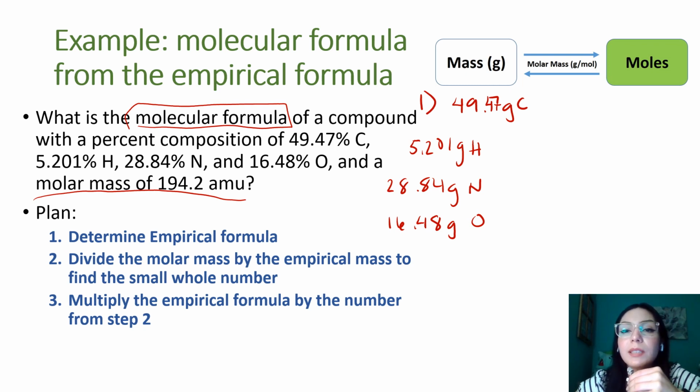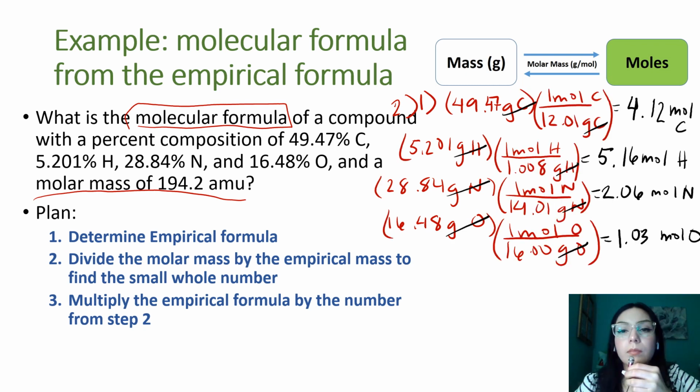So we did finish step 1, and now step 2 is to convert to moles. Same step here, and we are going to set that up. I went ahead and set it all up and then divided to get my moles of each of these. Now step 3 is to set up your pseudo formula. I'm going to set it up over here just because there's space.